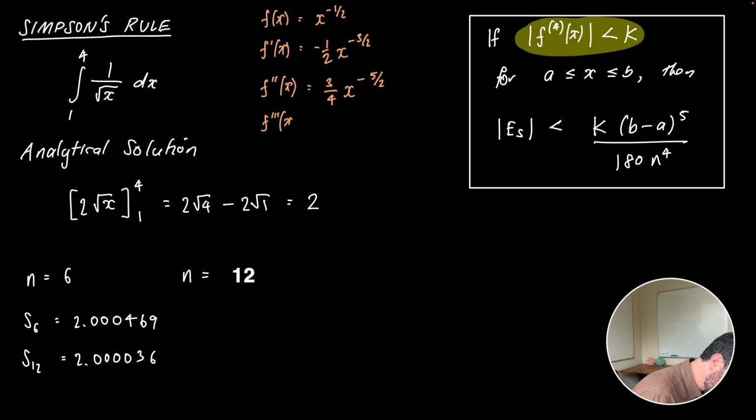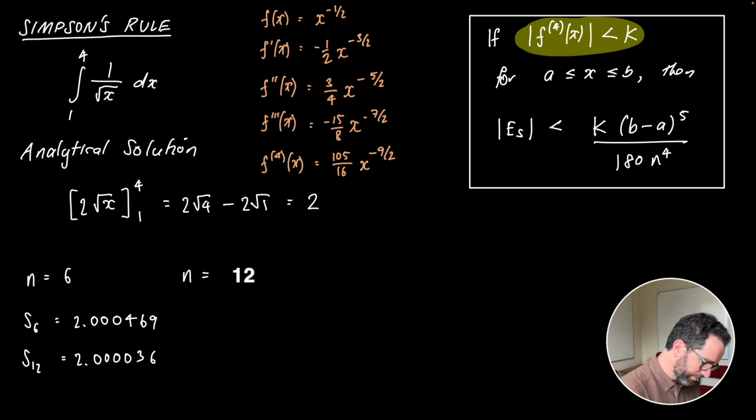F triple prime of x, just differentiate again, negative 15 over 8 x to the negative 3.5, or negative 7 over 2. And finally, the one we actually care about is the fourth derivative of x. 7 15s is 70 plus 35 is 105. It's going to be 105 over 16 x to the negative 9 over 2.